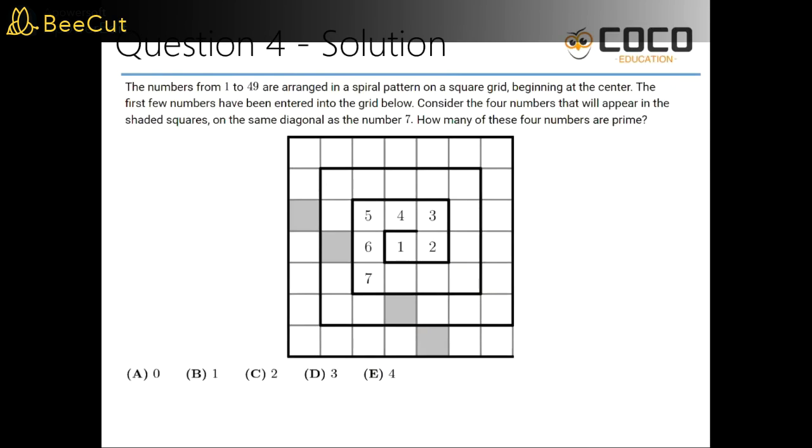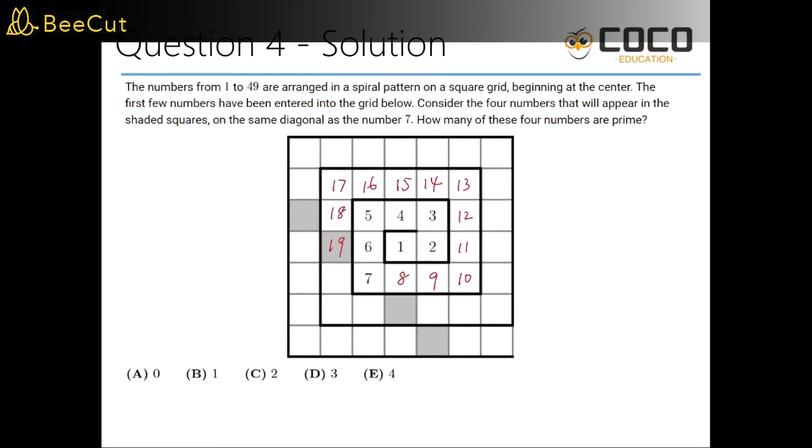So question 4, the numbers go in the spiral pattern. We can just fill in the missing number here. So 8, 9, 10, 11, 12, 13, 14, 15, 16, 17, 18.